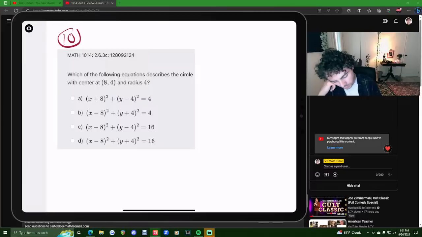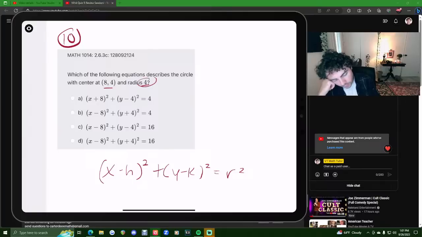Number 10, they say, which of the following equations describes a circle with center 8, 4, and radius 4? Keep in mind our equation, x minus h squared plus y minus k squared equals the radius squared. So right away with the radius squared, we should have 4 squared on the right side, or 16. So we can eliminate any that don't have 16.